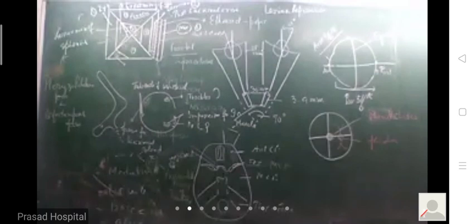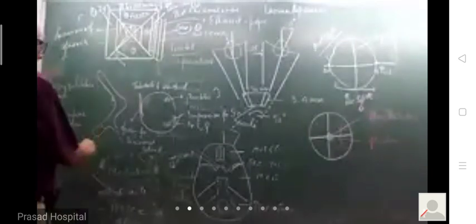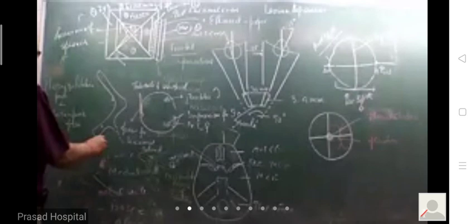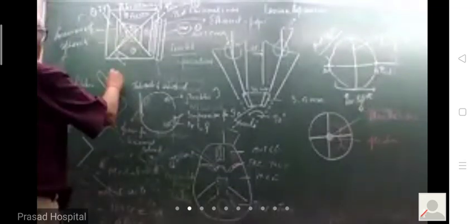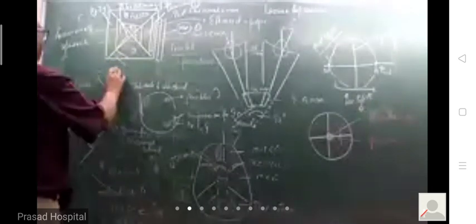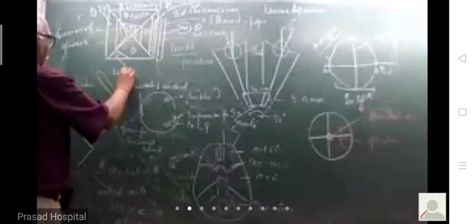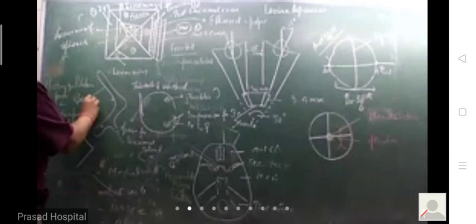If you look, the superior orbital and inferior orbital fissures are more or less continuous with each other in the form of the letter N. The superior orbital fissure is between the lesser wing and the greater wing.